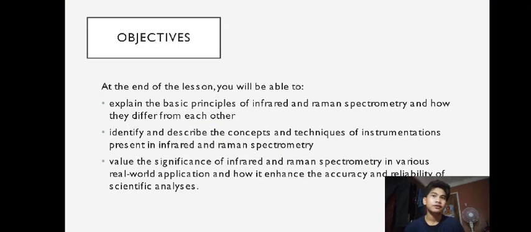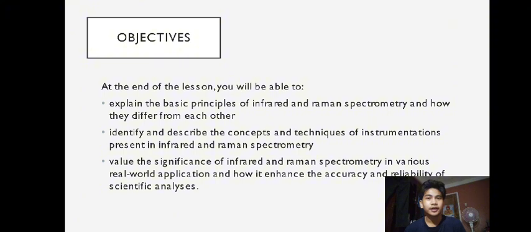So, for our learning objectives, at the end of the lesson, you will be able to explain the basic principles of infrared and Raman spectrometry and how they differ from each other.